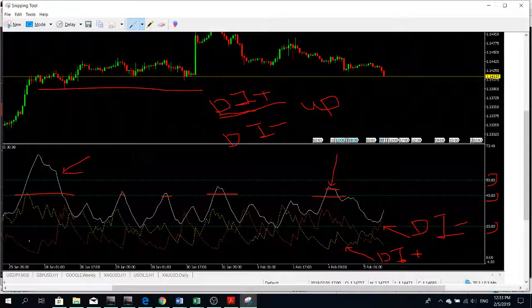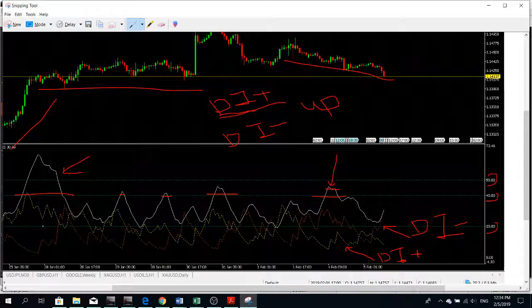So uptrend is when DI plus is above DI minus. And when DI minus, like here, is above DI plus, it means that we have a downtrend. Look, downtrend here is above this. Uptrend, yellow or DI plus, is above DI minus.